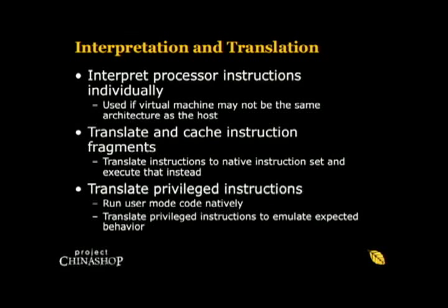So the next approach is to do what's called binary translation. Binary translation breaks the entire execution stream into basic blocks. A basic block is a sequence of instructions that have no jumps or transfers of control in them.